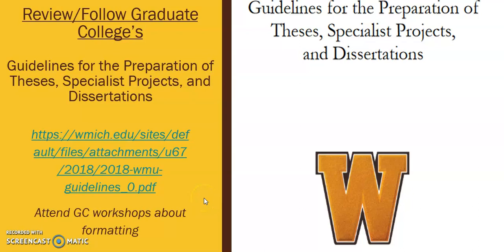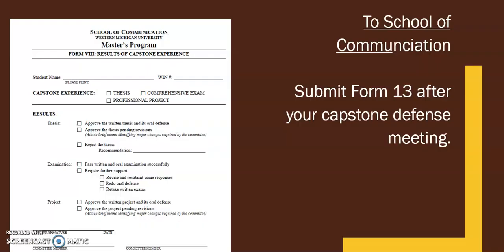As you prepare your thesis, make sure to review the Graduate College's guidelines for the preparation of theses, specialist projects, and dissertations. The website is here on this slide, and I also encourage you to attend the Graduate College's workshops about thesis formatting. After you successfully defend your thesis, you will submit Form 13 to the School of Communication.